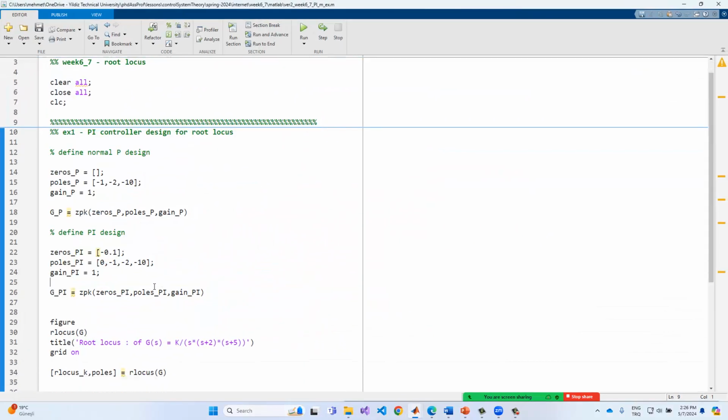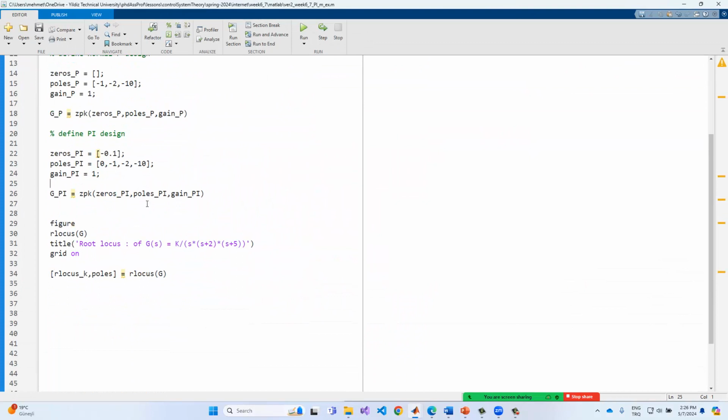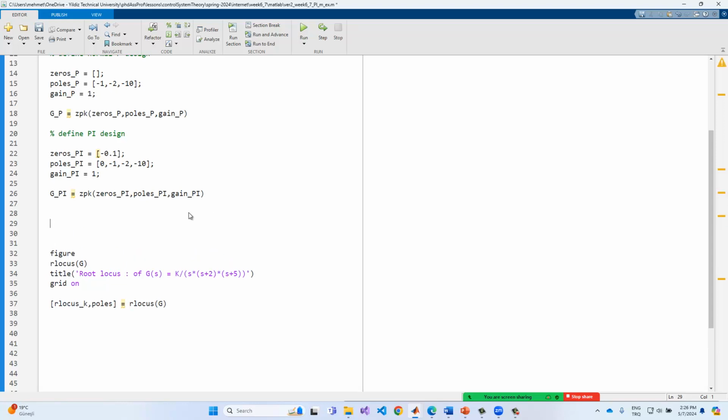And so, how can we change these nominations or the organizations in the root locus domain? First of all, just remember that we need to give the desired overshoot.